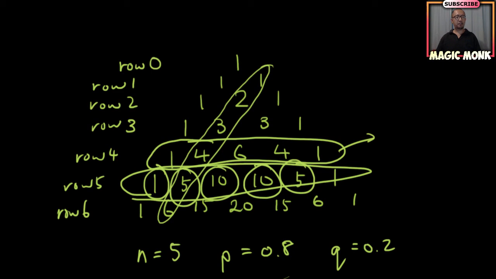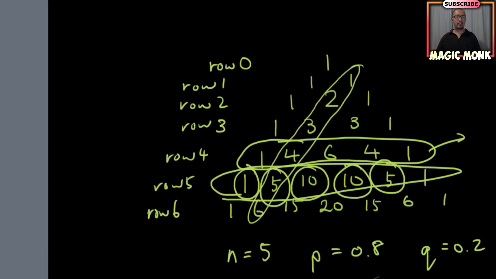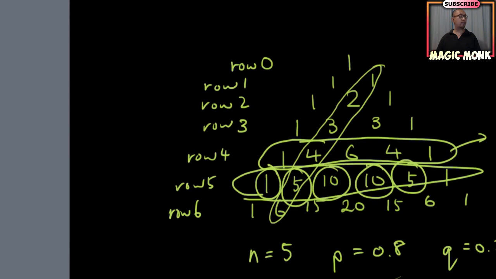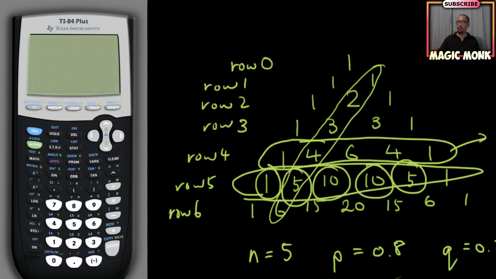And what I want to introduce you guys to now is a function called NCR on your calculator. I want to introduce you guys to this function on your calculator that is really awesome. Okay, it's called NCR.